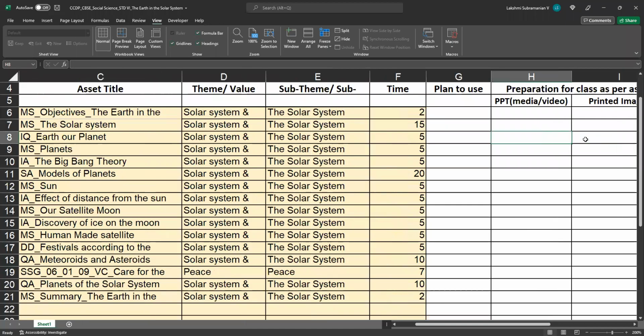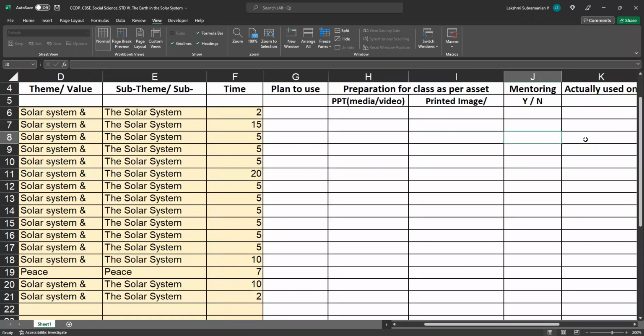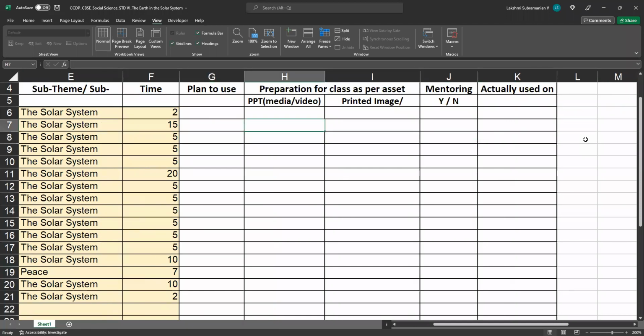Then let us look at the columns that you need to fill in. The first thing is plan to use. This column is basically your decision on which date you are planning on using it. Let's say you have grade 6 social science on Wednesday, Thursday, and Monday, and you are starting the chapter on Wednesday.